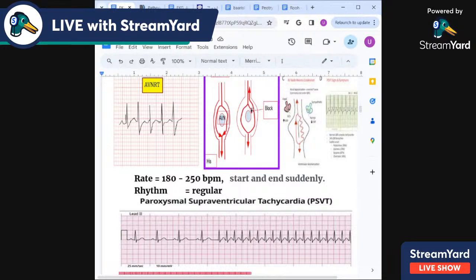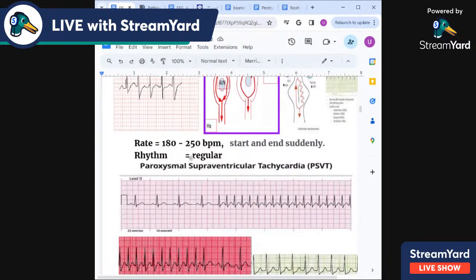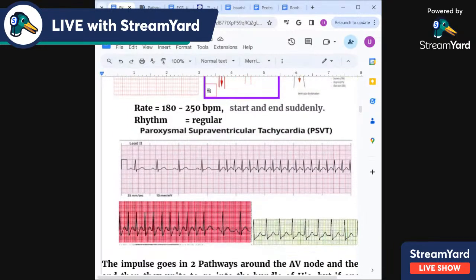But if there is a block in one of them, then the other one goes around the AV node again and enters back into the atria, causing reentrant tachycardia. So it's atrioventricular nodal reentrant tachycardia. The rate, see here, comes on its own and it stops suddenly.